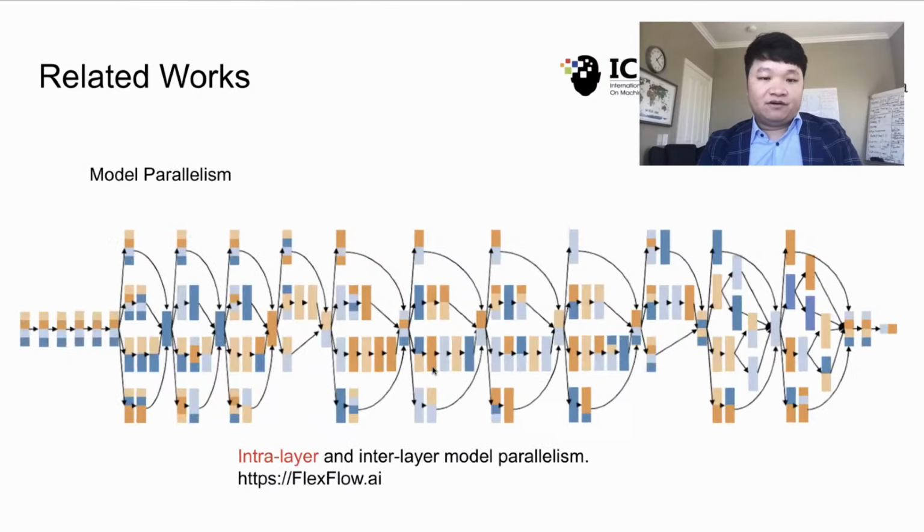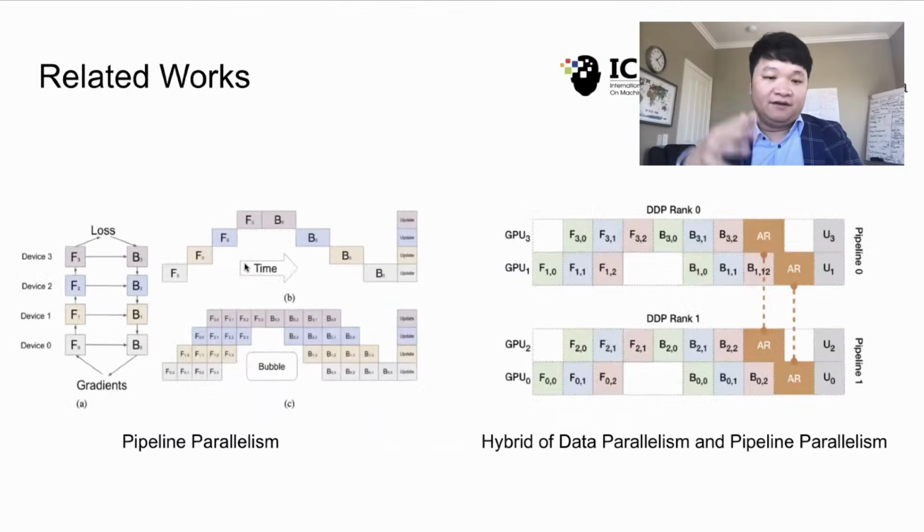So here is an example of a pipelining paradigm, which is used very frequently in training giant transformer models. Normally we cut the transformer layers across multiple GPU devices, for example, device 0 to 3. Then we do forward propagation, with cross-GPU communication during the forward propagation, and calculate the loss.